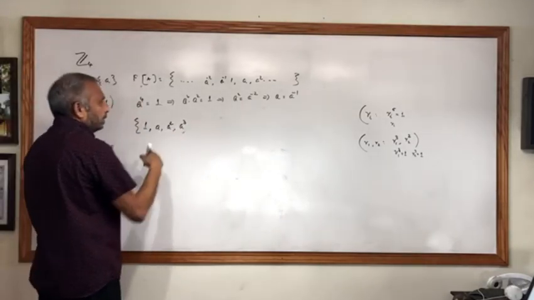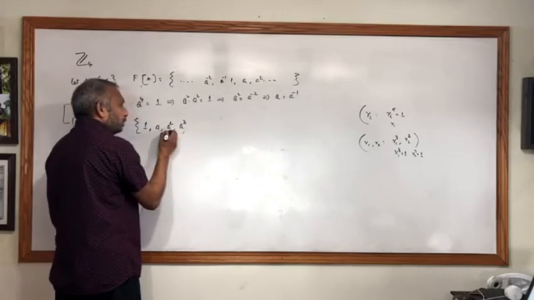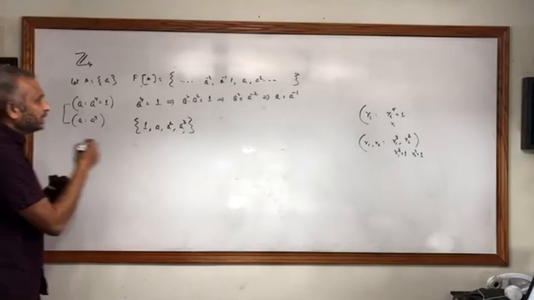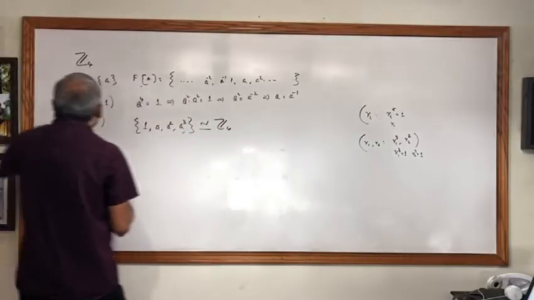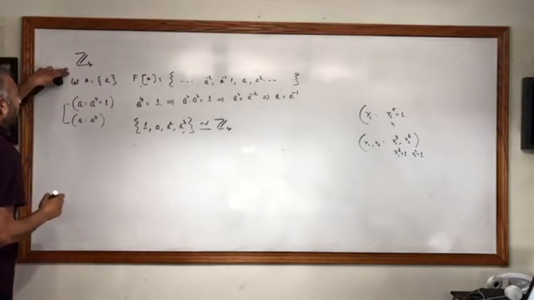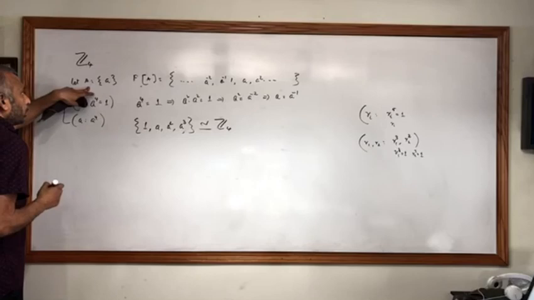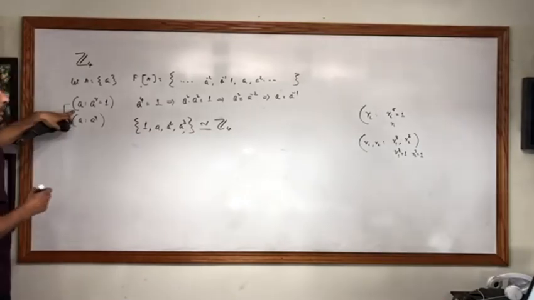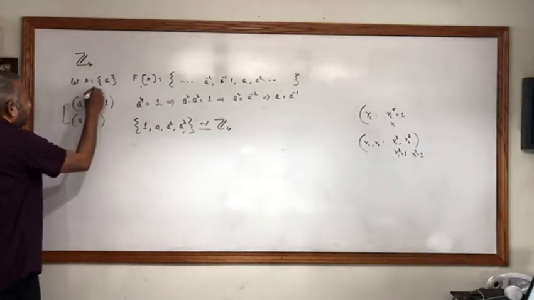A to the power of 5 is A. A to the power of 6 is equal to A square, etc. And that is actually isomorphic to Z4. So one presentation of Z4 with a single generator is this. Let us find another one with two generators.